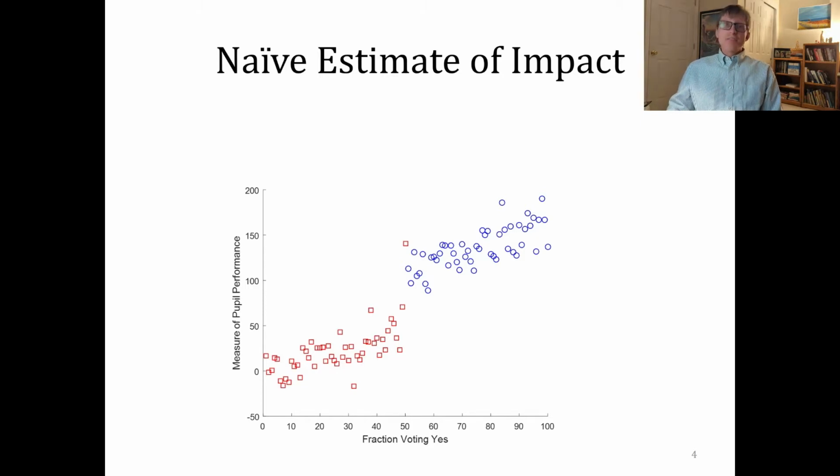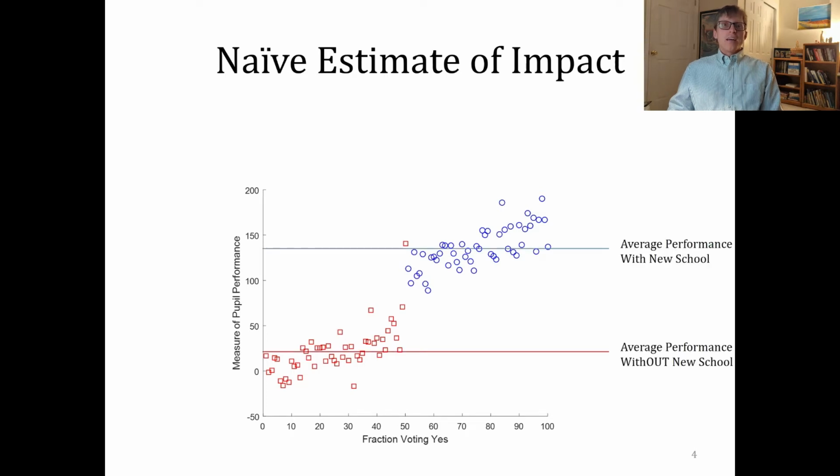This difference is illustrated on the graph using two horizontal lines, and the implied impact of the new school is the height difference between these two horizontal lines. However, this does not give us the causal impact of a new school building. The difference in averages also reflects these other factors that are independent of getting a new school.